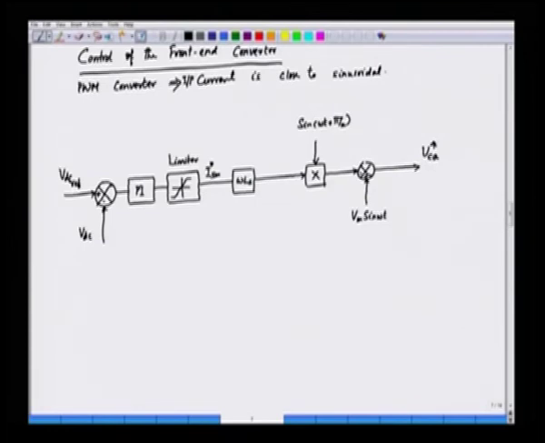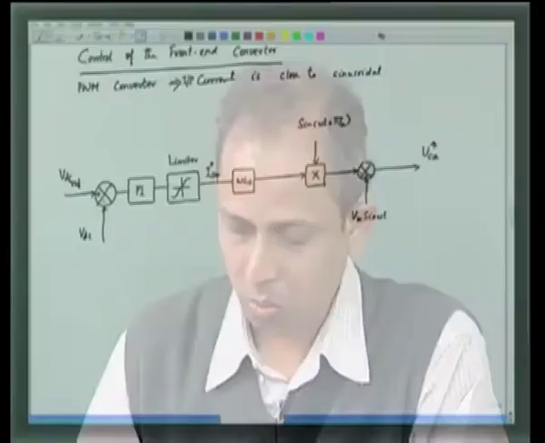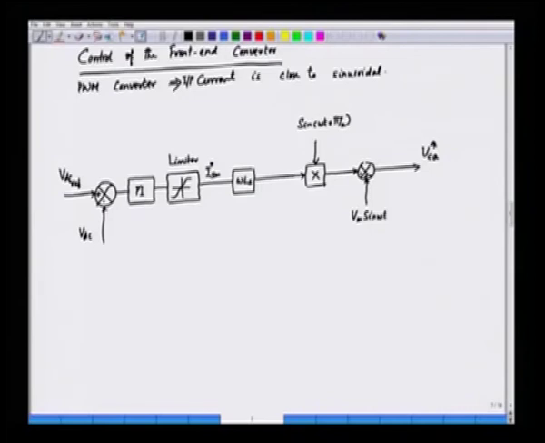Now, phase B lags behind A by 2 pi by 3. So, if we talk about phase B, the phase B situation will be lagging behind this by 2 pi by 3. So, to show how phase B will be implemented here, we have a similar structure, a multiplier.